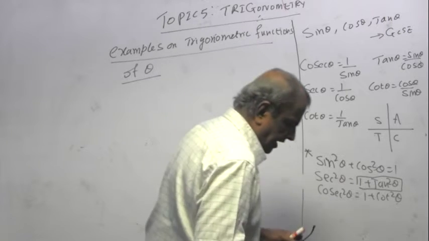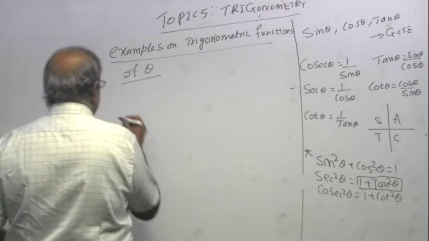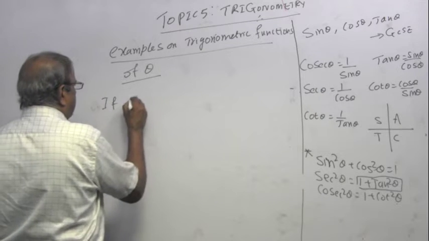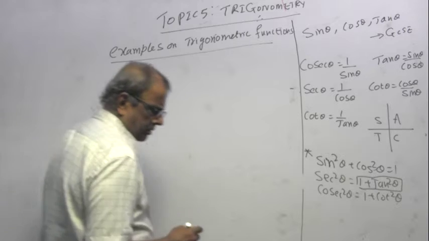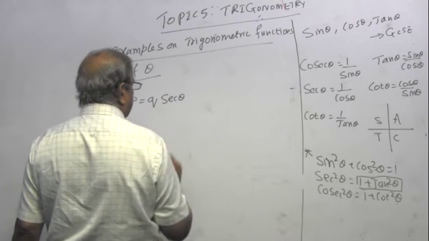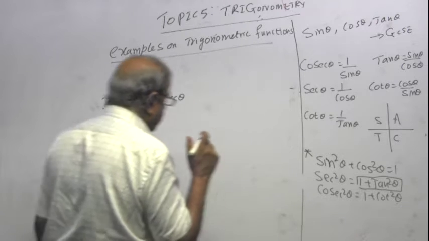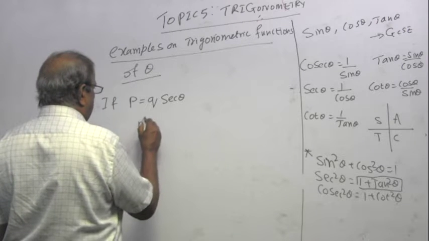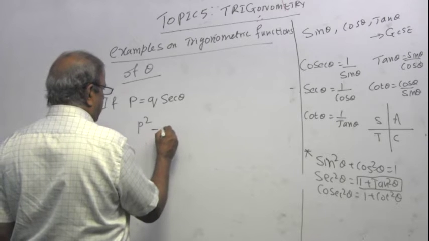For example, let's say, if P equal to Q sec theta, I want to know what is P squared minus Q squared.